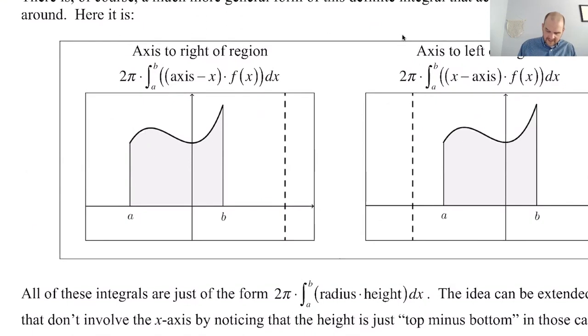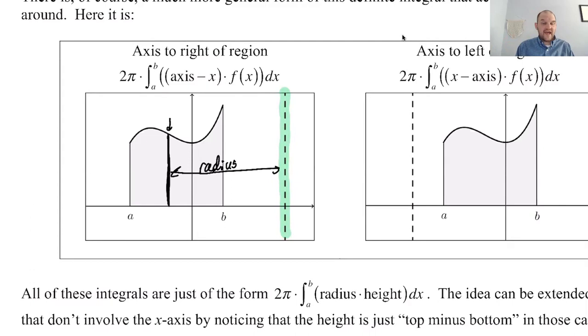So if the axis is to the right of the region, then to get a positive radius, you can draw a little representative sliver here, and the radius that you're getting is from here to here. All the possible values for where this thing can be are between a and b. That's why our bounds are a to b.